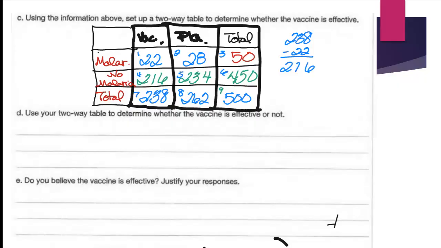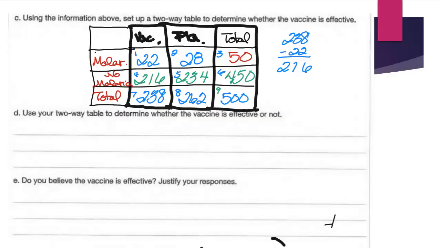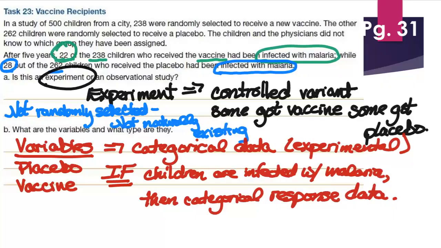Okay, so then it says, use your two-way table to determine whether the vaccine is effective or not. What did we use earlier?